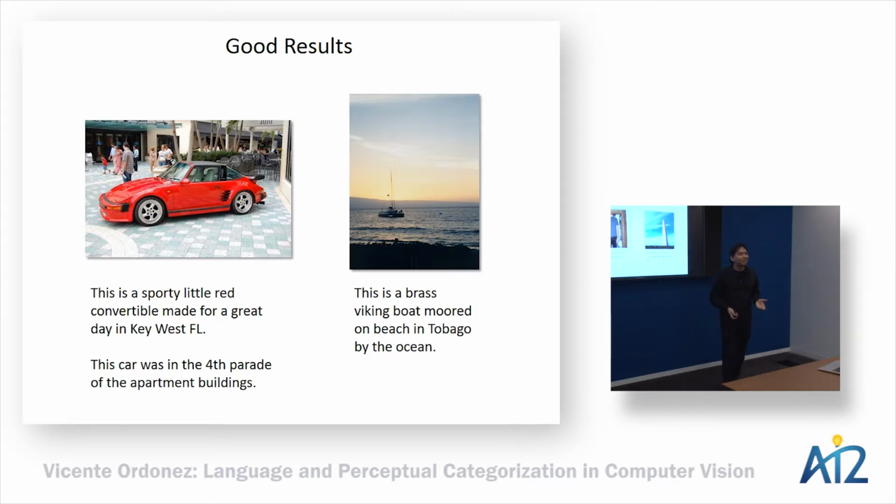Yes? Just a quick question, if you can go back to the previous slide, because you were showing an example of this issue about locations. It's pretty impressive that even in a particularly good case, it decided that that was a beach in Tobago. It looks to me like it could have been in any of a number of places. Is that just lucky, or is Tobago visually distinct from, I don't know, Hawaii, etc.? I don't think we have enough data to really build good models for each of these locations.